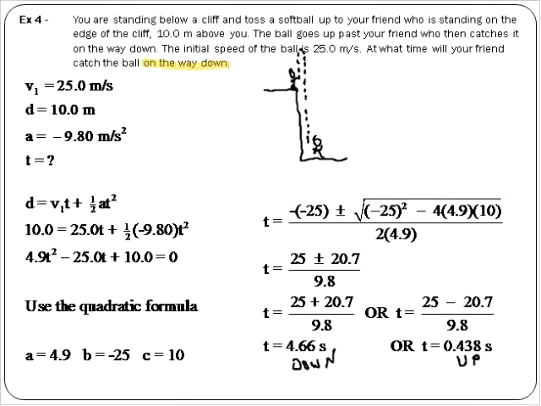Because it actually passed your friend at the top of the cliff twice, once on the way up and once on the way down. So on the way up he missed it, so we know that this time is wrong, but he did catch it on the way down, so that means that second time is correct. So you really got to read the question carefully sometimes to figure out what's being asked.